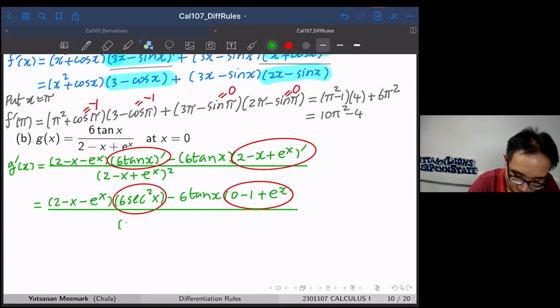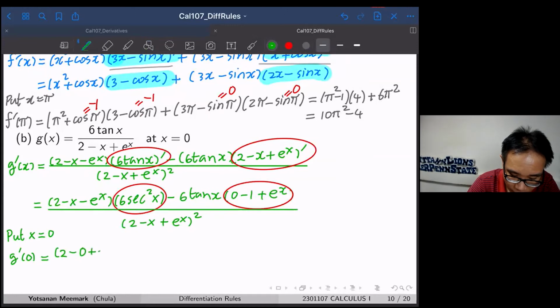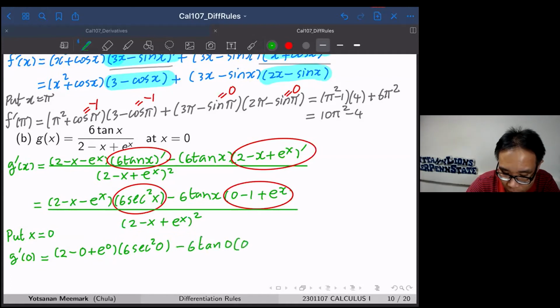So it's going to be (2 minus x plus e^x) squared. This is the derivative, and you put x equal to 0, so you get g prime 0 equal to (2 minus 0 plus e^0) times 6 secant squared 0, minus 6 tan 0 times (0 minus 1 plus e^0).